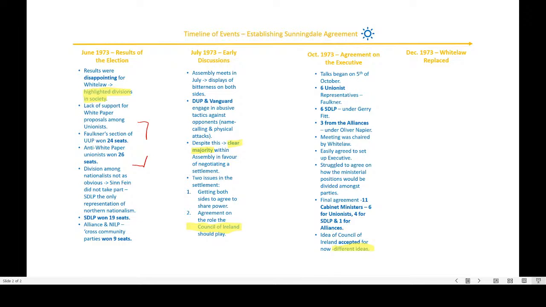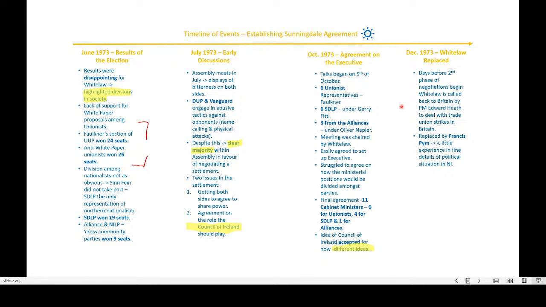So that leads us on to a key turning point in the establishment of the Sunningdale Agreement, and that's Whitelaw being replaced as the Secretary for Northern Ireland. So 2 days before the second phase of negotiations begin, Whitelaw is called back to Britain by Prime Minister Edward Heath to deal with trade union strikes that were developing in Britain.